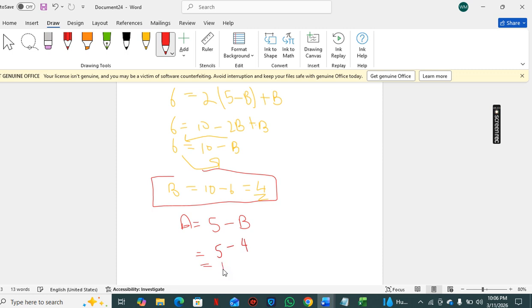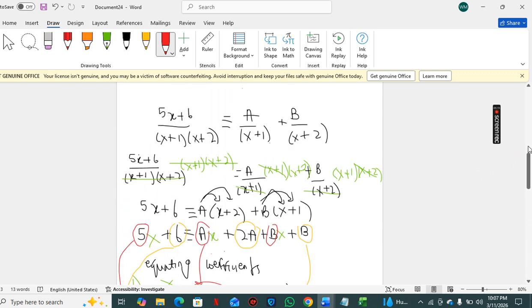So A equals 1. B equals 4, A equals 1. So here colleagues, have you seen here where we broke down this thing? A equals 1, B equals 4.